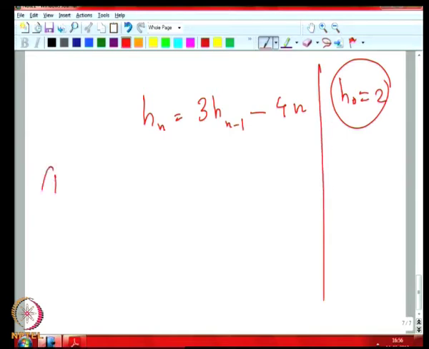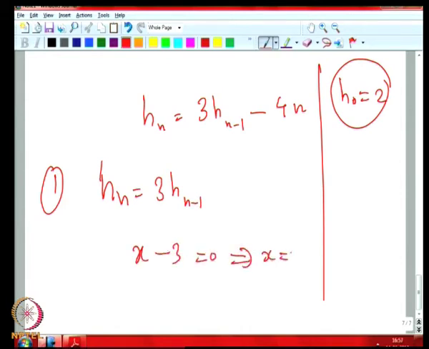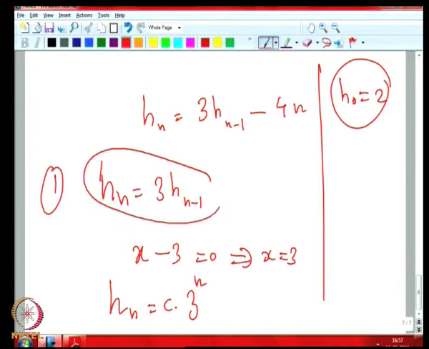The first step is to find the general solution of the homogeneous part. The homogeneous part is Hn equal to 3 times Hn minus 1. Clearly the characteristic equation here is x minus 3 equal to 0, which means x equal to 3. So the general solution for this one is Hn equal to some constant c times 3 to the power n.